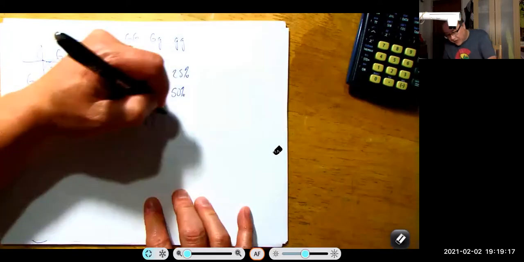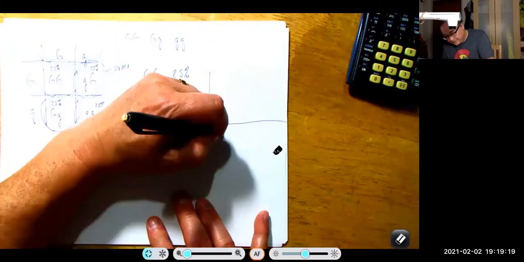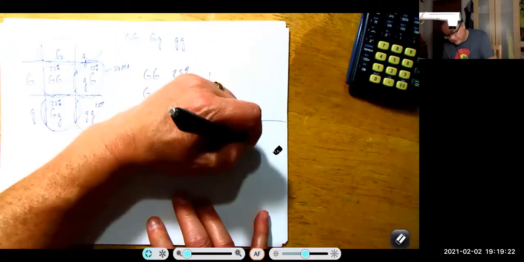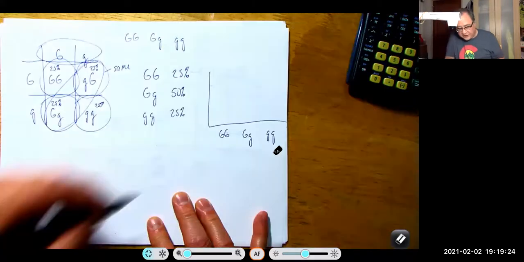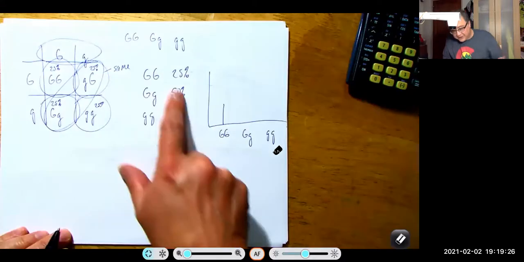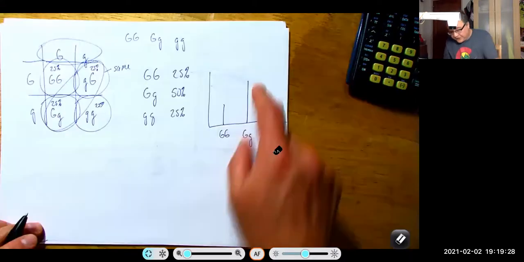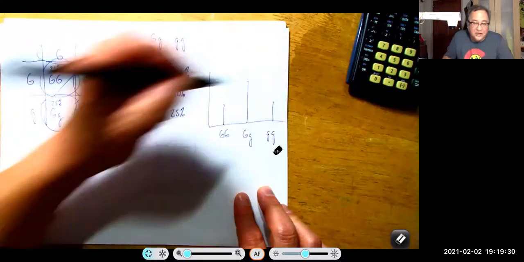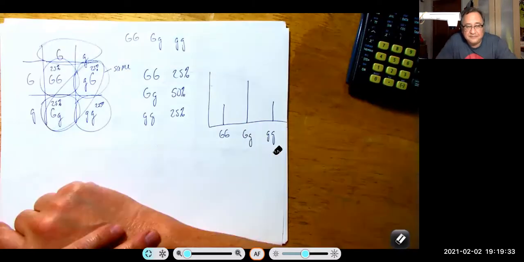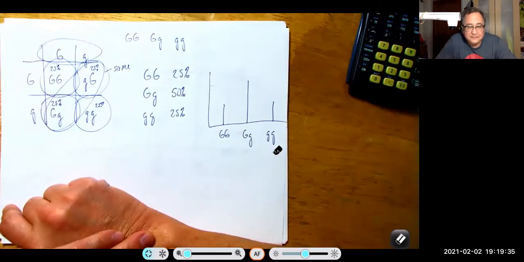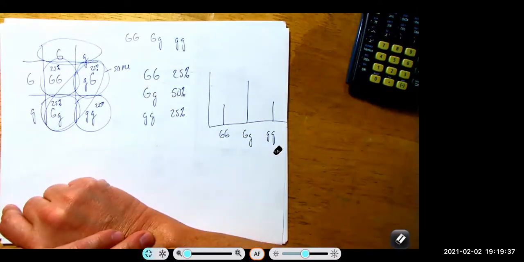If I were to plot these, there's GG at 25, there's Gg at 50, and there's gg at 25. Does that look like our spectrum? Yeah, it roughly looks like it, right?